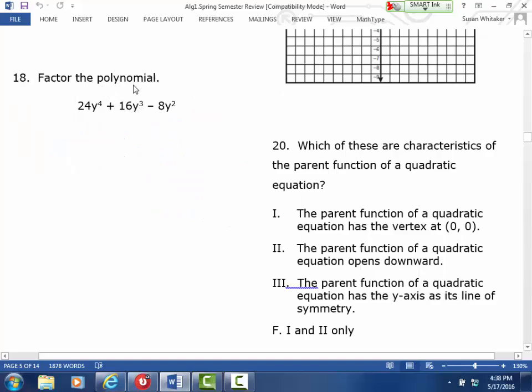Factor the polynomial. This is going to work much like our previous problem. You'll notice a couple of things are different though. First off is the exponents. We have up to 4.